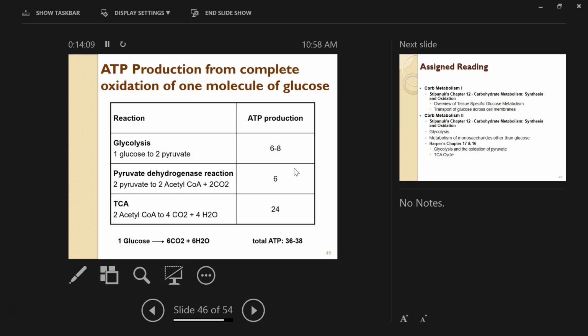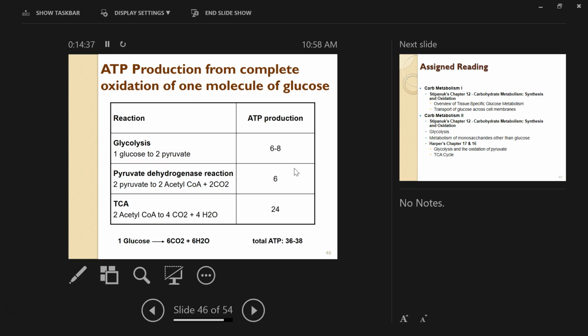Sorry, I messed up. I think I did the wrong calculation. The 3 ATPs from 1 NADH, right? And we have 3 NADH, so actually 9. Sorry, 9, and then plus the 1 ATP, and then plus 2 from FADH2. So actually 12. Sorry, my math is kind of bad.